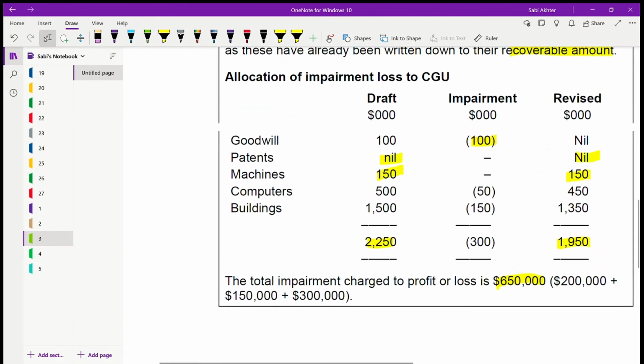Okay. So if you take the total impairment charge to profit and loss, 650. Because 200 for patent, 150 for machine, and now this 300,000 only for computer, building and goodwill. Okay.